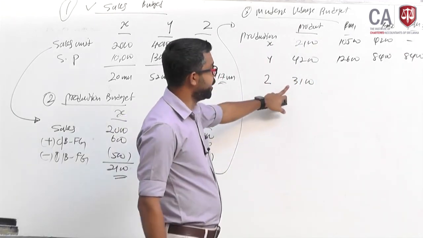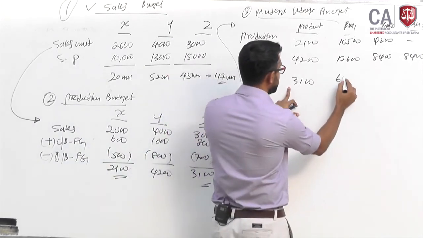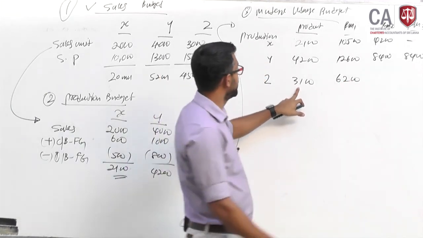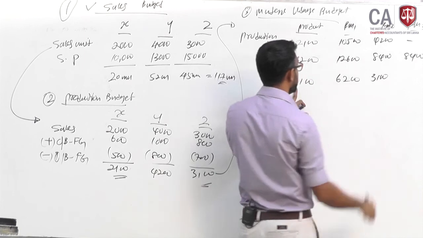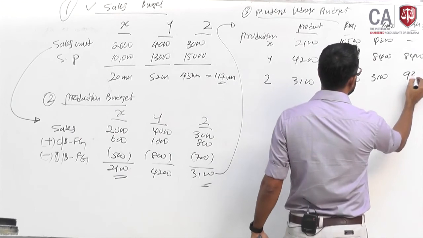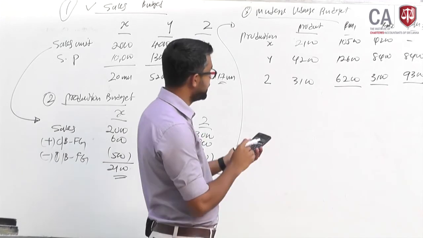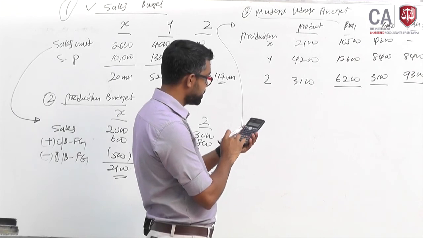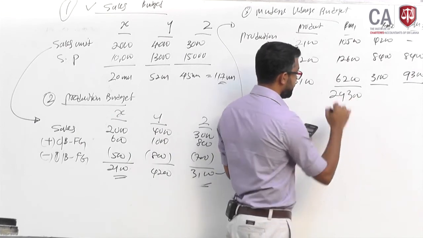Here also the same, 8,400 of raw material required. And for product Z, you produce 3,100 units, you require RM1 2 units, 6,200, and 1 unit of raw material 2, the same figure 3,100, and 3 units of RM3, 9,300. So this is your raw material usage. 10,500 plus 12,600 plus 6,200, 29,300.